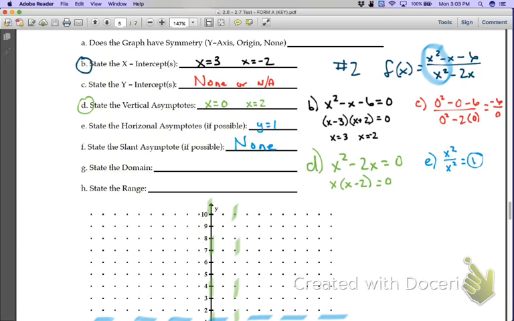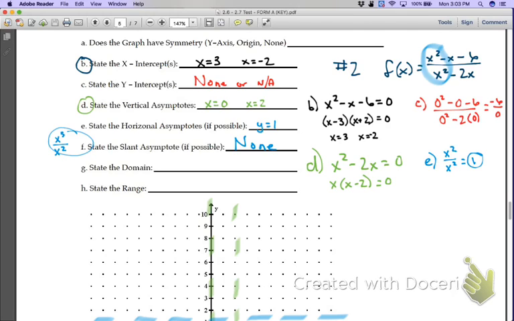A slant is going to be like on number 3, where it's x to the third over x to the second or whatever. Whenever the top is bigger than the bottom, that's when you have a slant.